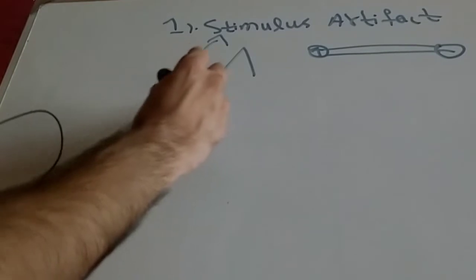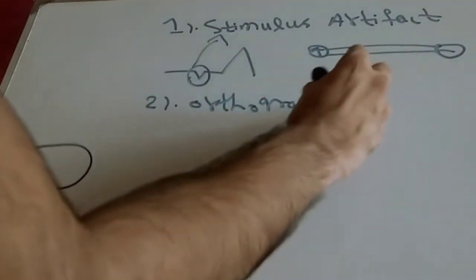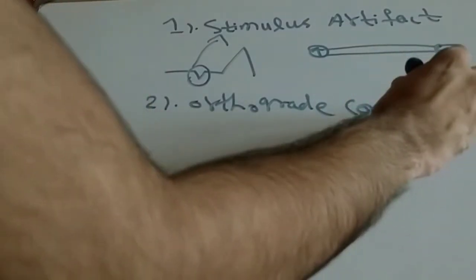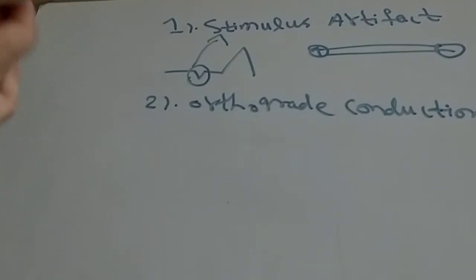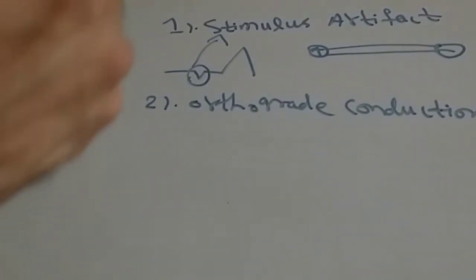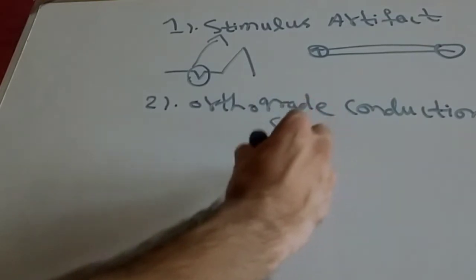Number two, we have the orthograde conduction. Orthograde conduction is defined as the conduction of impulse in the forward direction. Like in the conduction system of the heart, the impulse travels from the SA node towards the AV node.